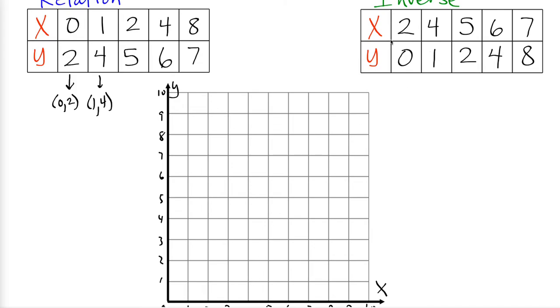Because all these numbers are positive, I only did the upper right-hand corner of a graph. You can draw a full graph if you want. So 0, 2, 1, 4, 2, 5, 4, 6.